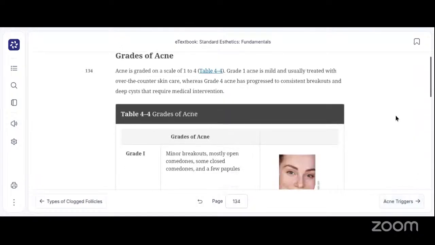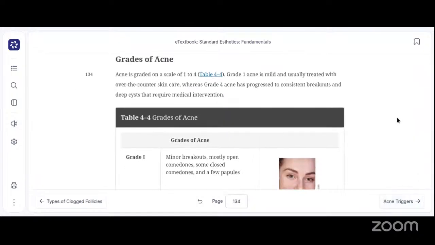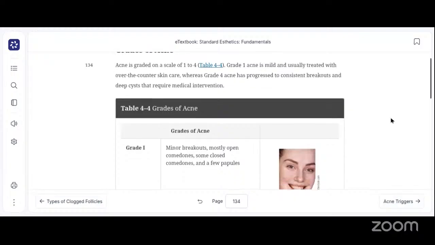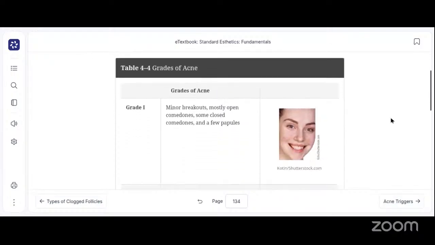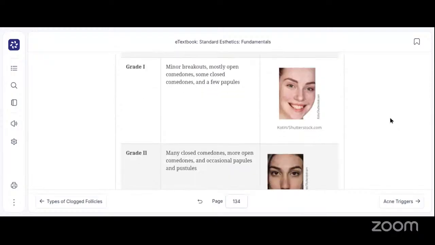When we look at grades of acne, that's why I wanted to tell you acne is not type 1, type 2, type 3, type 4, like some other steps we have in aesthetics and cosmetology, but acne comes in grades 1 through 4. The lower the number, the less serious, the more minor the acne. The higher the number, the more serious the acne.